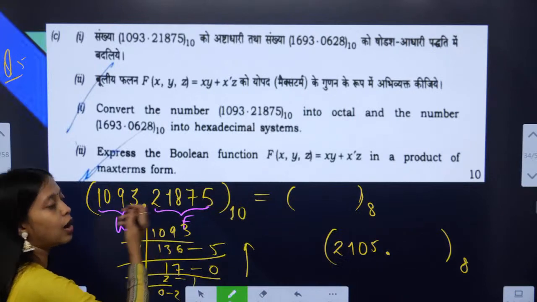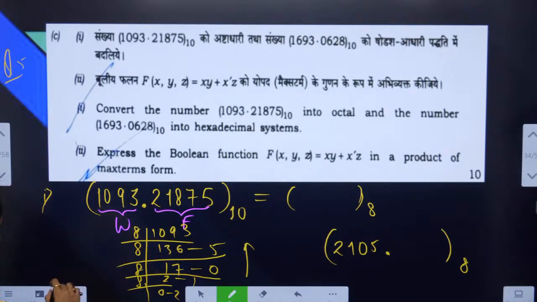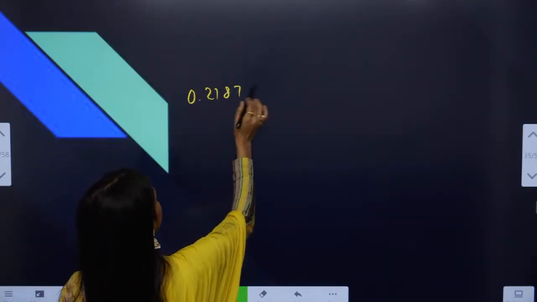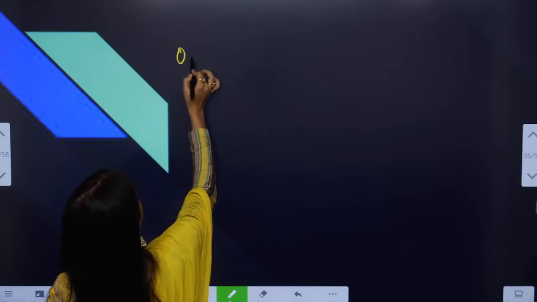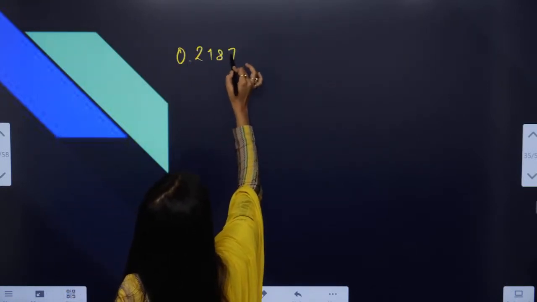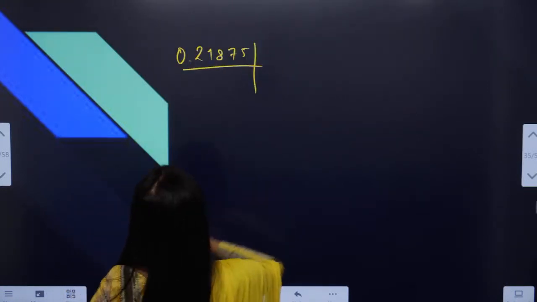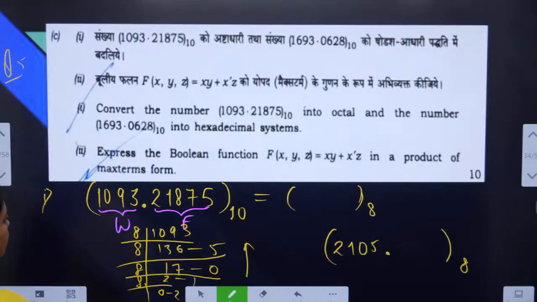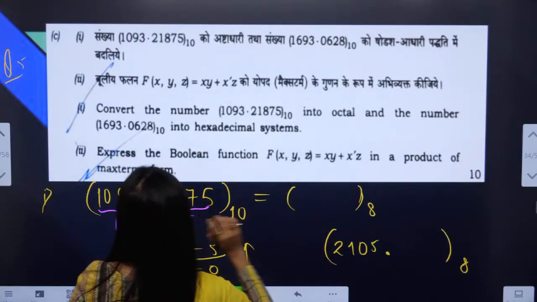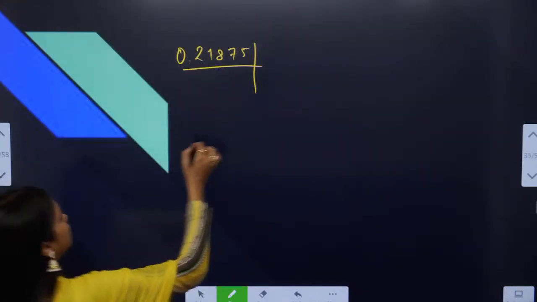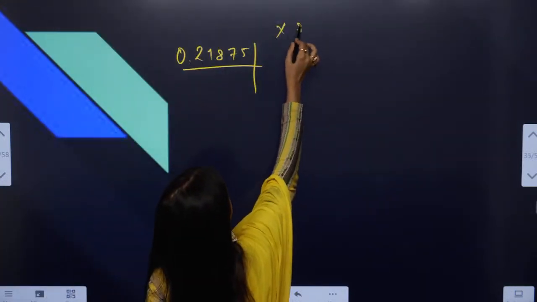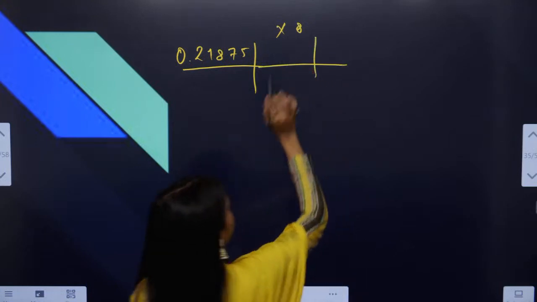For the fractional part, how do you work? For the fractional part, 0.21875. Because I want to convert into base 8, you just multiply this by 8. You will get a number.